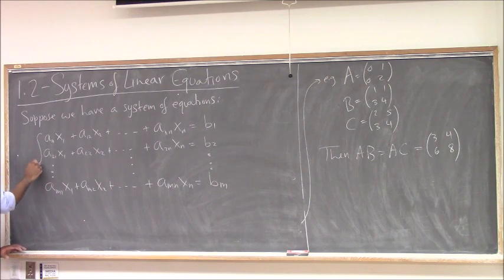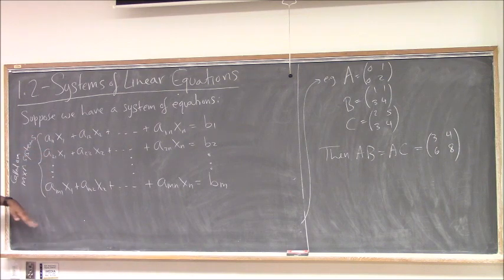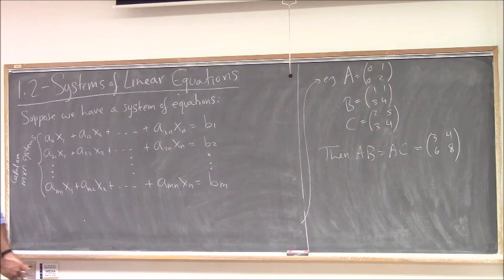This is called an m by n system. Why? There are m rows and n columns, as you'll notice on the left side.